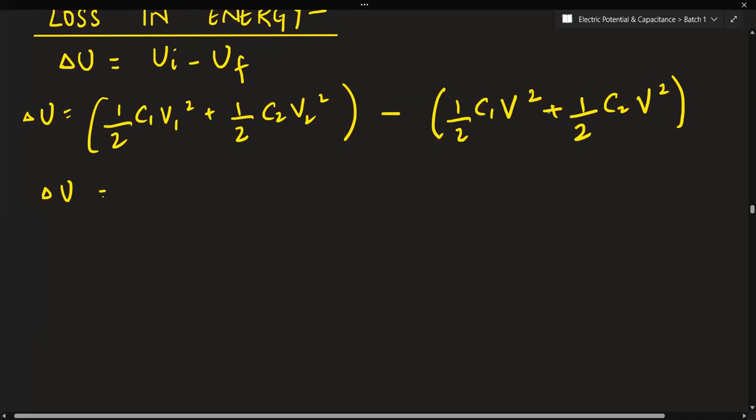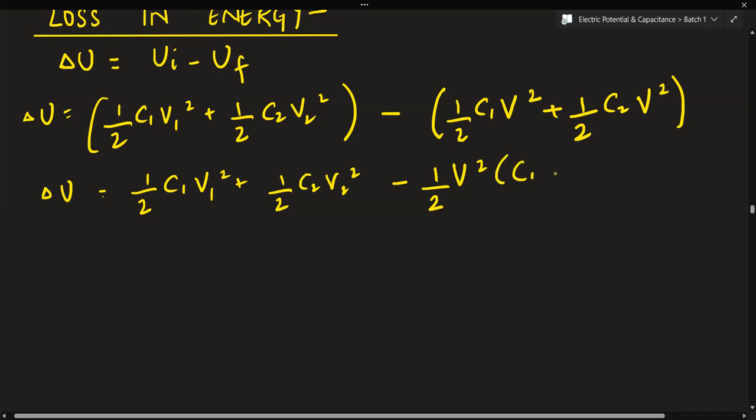Now see, in this we can at least take capital V common from here. So it will be half C1 V1 square plus half C2 V2 square minus half V square. Here you will be having C1 plus C2 left. Now capital V we have just calculated.